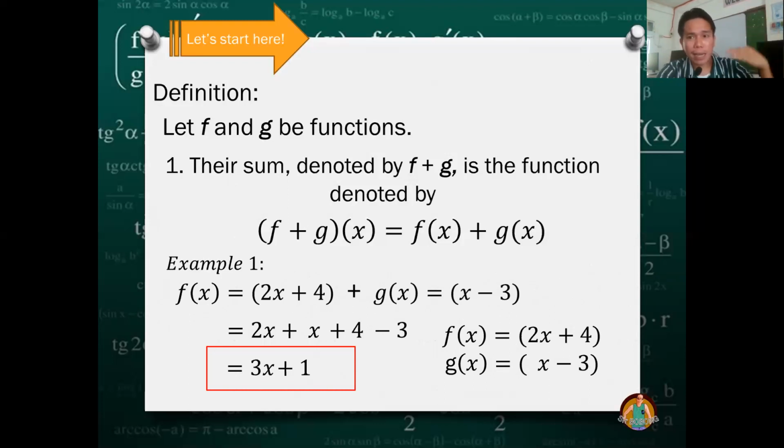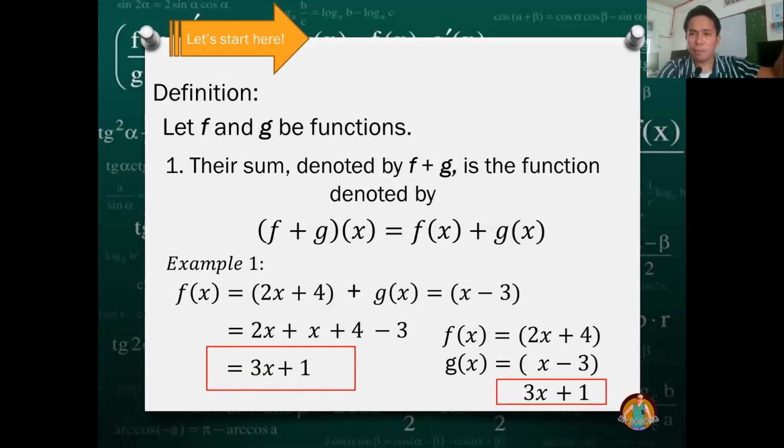So, kailangan magka-align yung like terms natin. Yung 2x tsaka x magka-align kasi parehas sila ng variable na x. What else? Yung positive 4 at negative 3 dapat align din kasi they are both integer or numerical coefficient. And then we proceed to addition. So 2x plus x will give us 3x and positive 4 plus negative 3 will give us positive 1 and that will be our final answer.